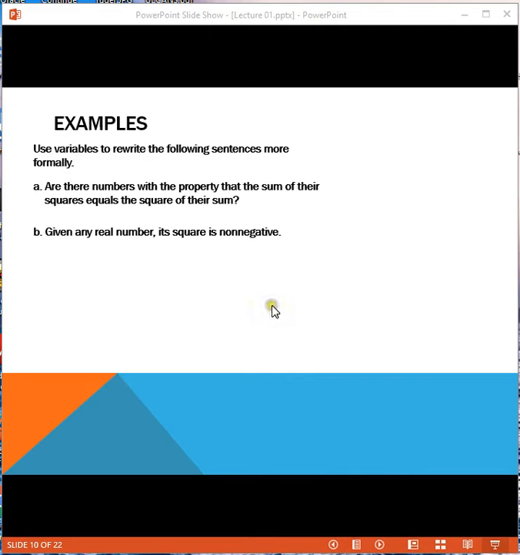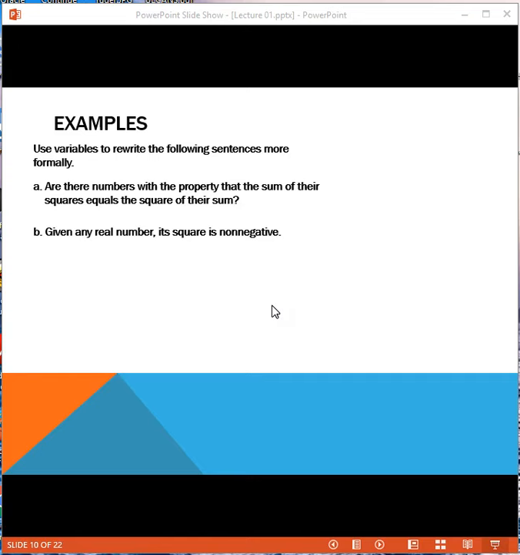Or do there exist any numbers a and b such that a squared plus b squared equals (a plus b) squared? As another example, let's look at: given any real number r, r squared is non-negative.